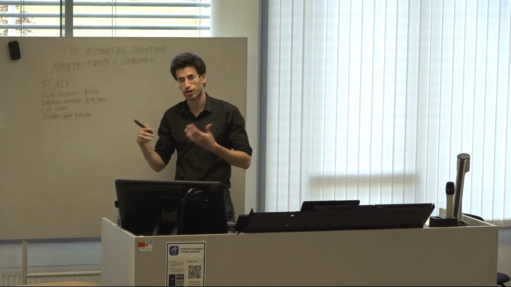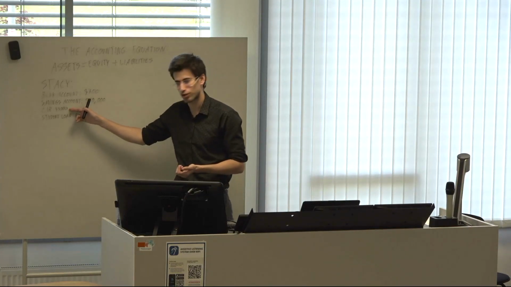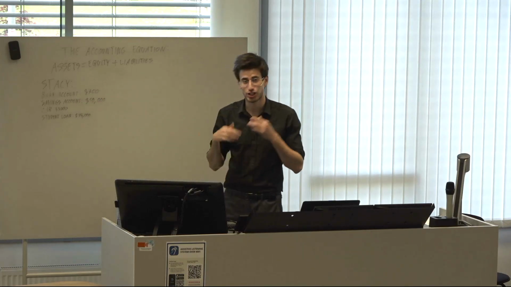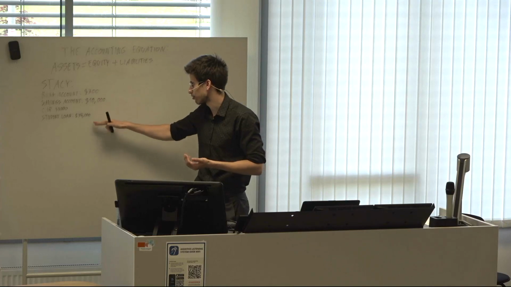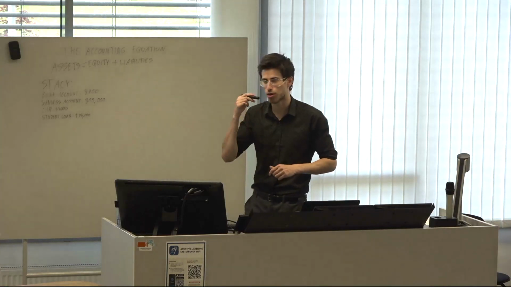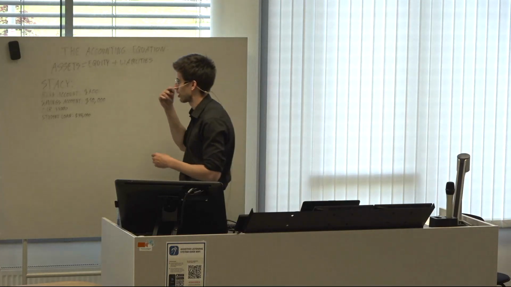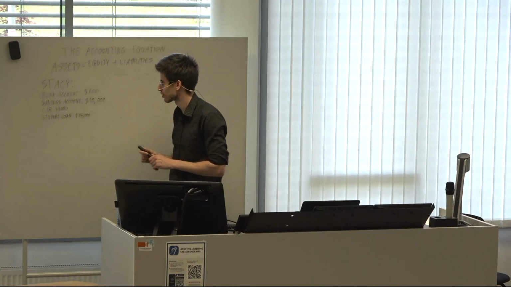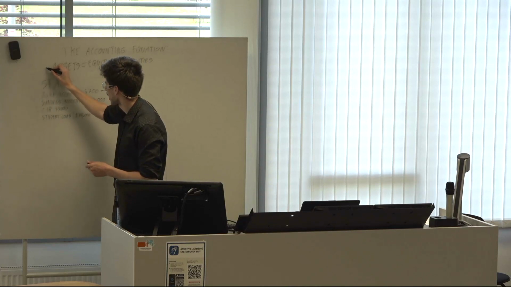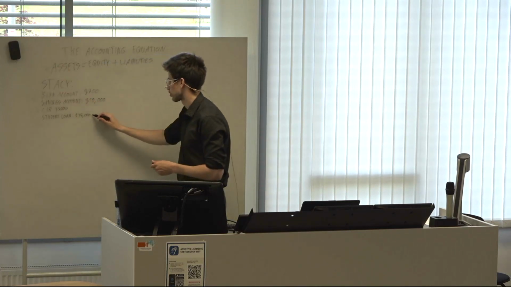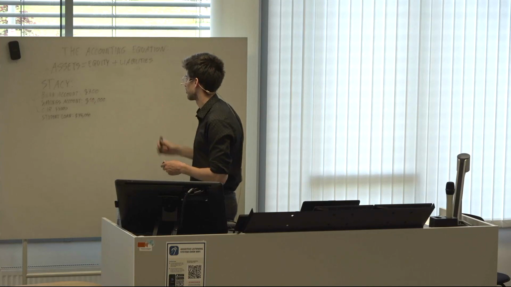She has a car that she can sell for $3,000. And she has a student loan debt of $35,000. So if we were to categorize these as assets or liabilities, these ones here would be assets, while this one here would be a liability.